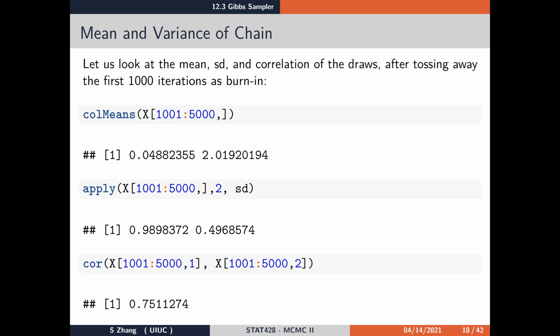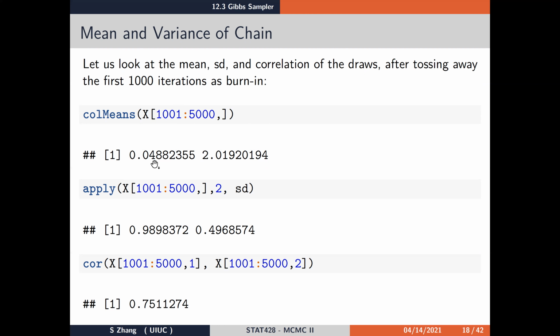Let's first look at the mean, standard deviation, and the correlation of the draws after tossing away the first 1,000 iterations as the burn-in cycles. In order to look at the means of the two dimensions, we can do colMeans of rows 1001 to 5000. This will compute the post-burn-in averages of the first column and the second column.